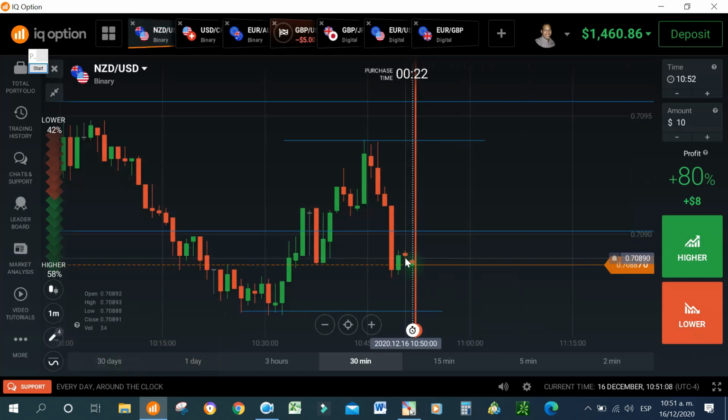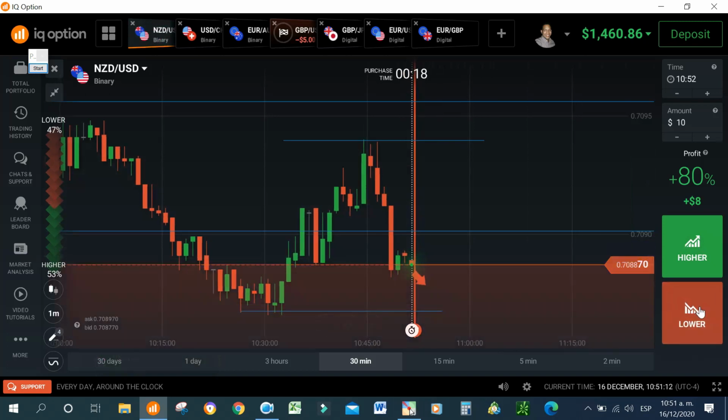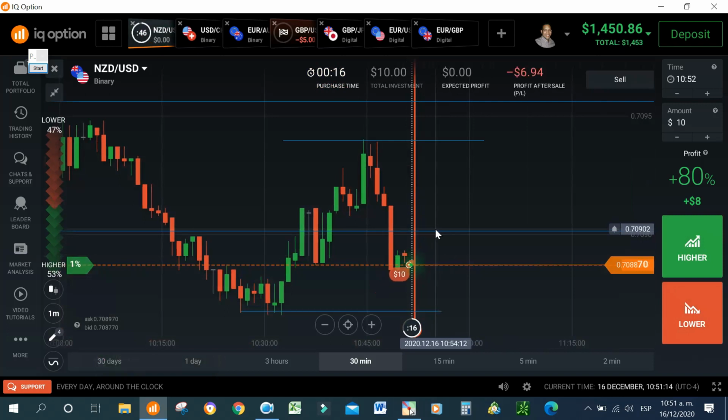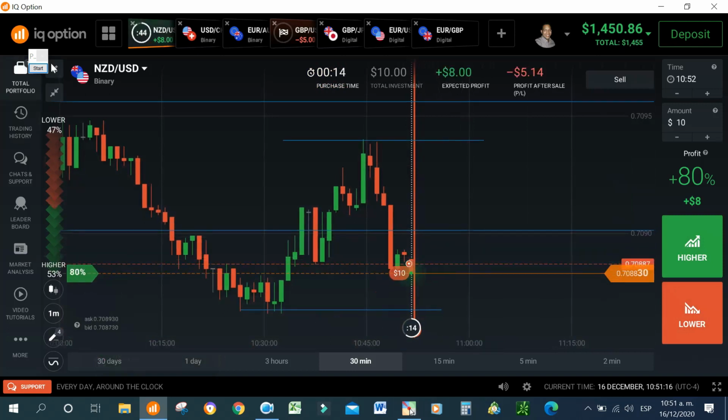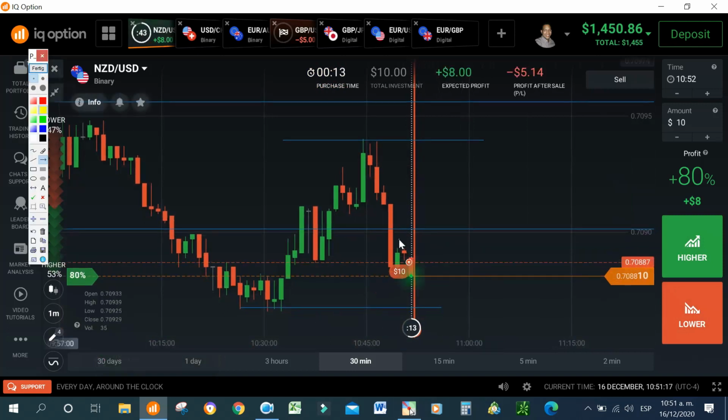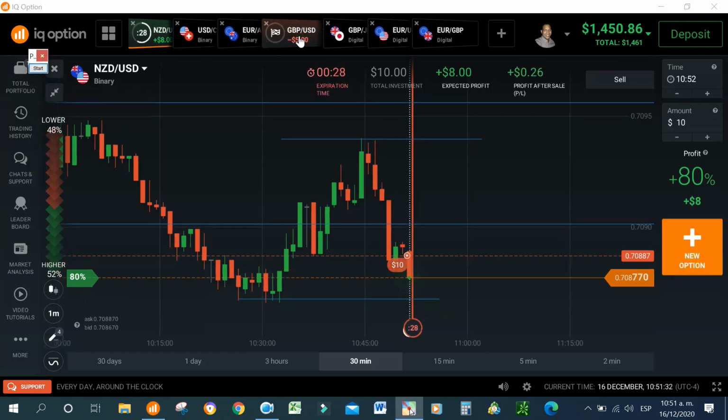So what I think the price is doing right now is a pullback. So I will make another entry because I think the price is going to touch this level. It can make a build up just here, and then it can keep going down. That's what I think the price may do.